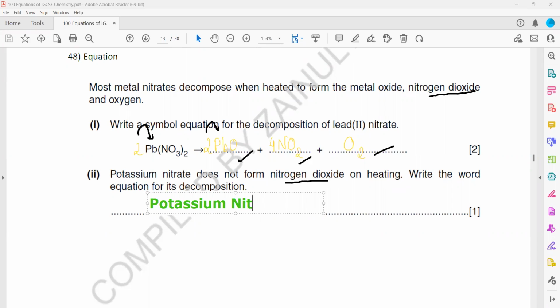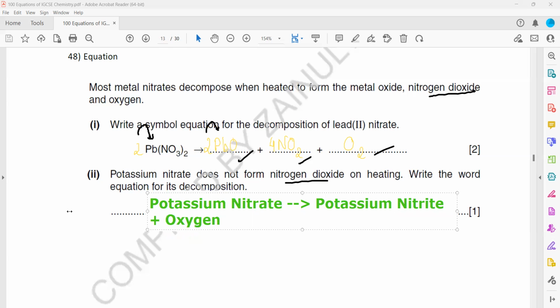So when we supply heat energy, potassium nitrate will form potassium nitrite plus oxygen. These are the products which are formed.